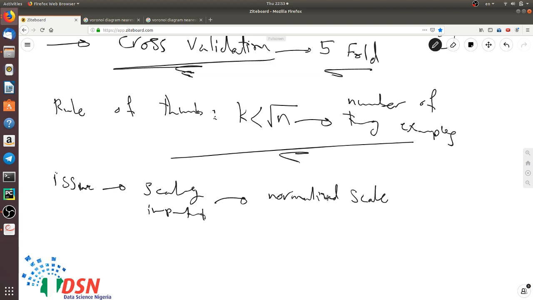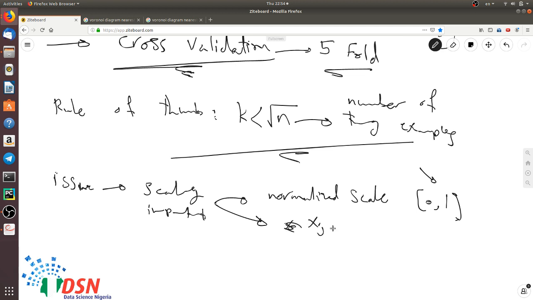A simple option could be to linearly scale the range of each feature to be in a specific range. For example, you could set the feature range to be between 0 and 1. The second option, which is advantageous, is to linearly scale each dimension to have 0 mean and unit variance.